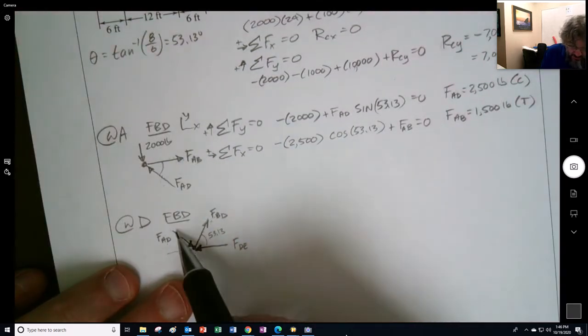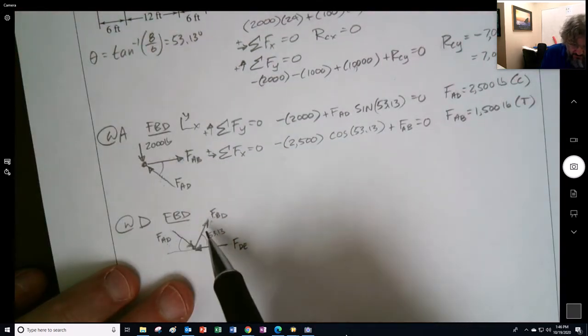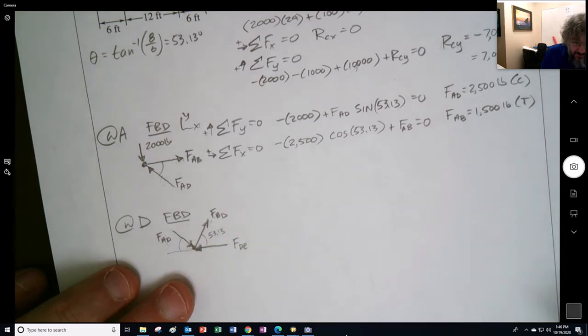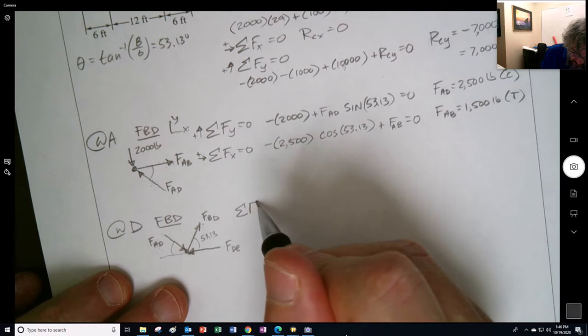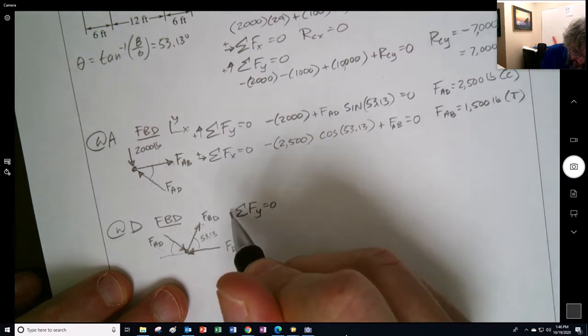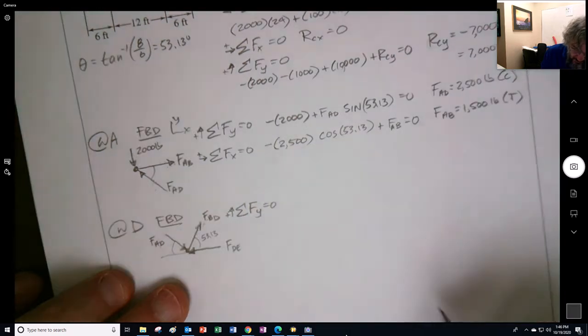So we could actually make a determination just based on symmetry. This has to have the same magnitude as that. But we could also write it out, right? So the sum of the forces in the y direction has to equal 0.